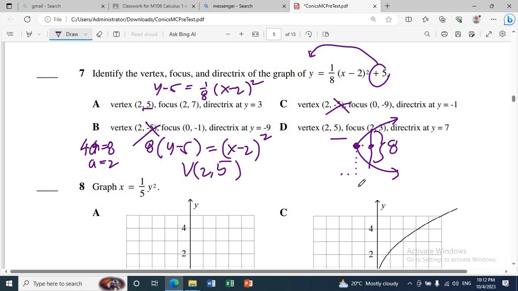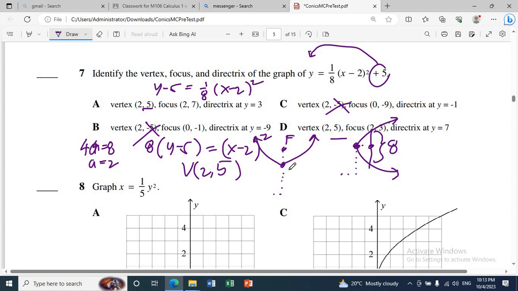nagkamali ba? I'm sorry. My drawing is incorrect. The opening is upward. 1, 2, 1, 2, 3, 4, 5. I'm sorry. This should be upward. And then since my A is 2 units, so I have 1, 2. This is now my focus.